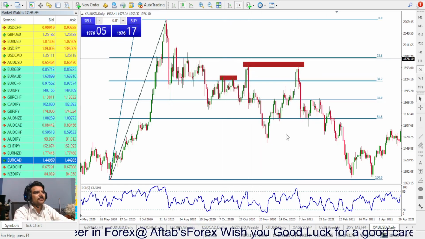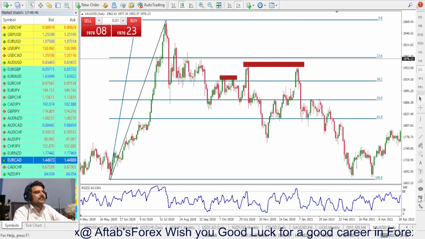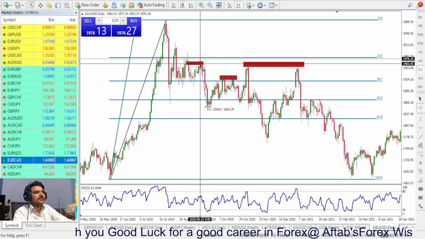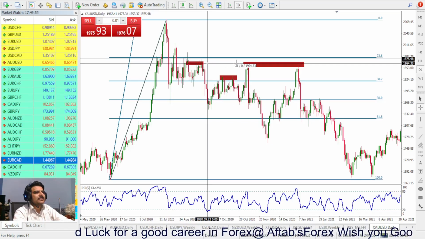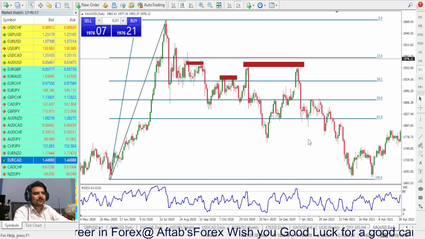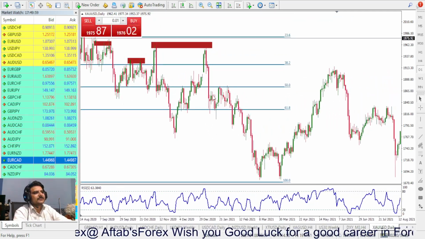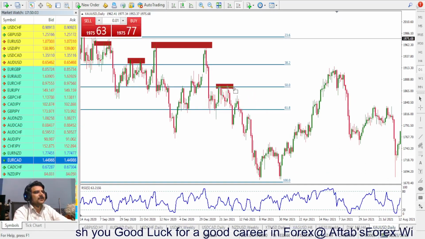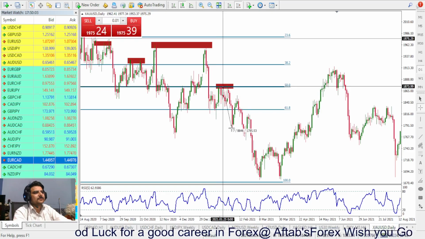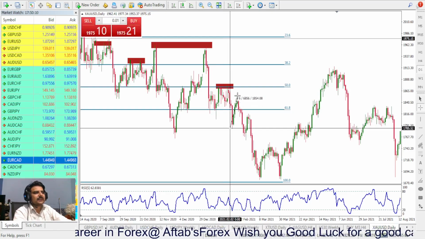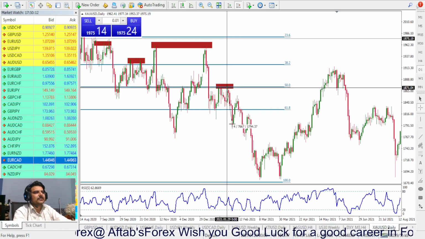This is a double top, and it gave profit as well, and this is also a double top, and it has also given profits. And the story continued, confirmed by another smaller double top, a break of 61.8, a correction, 61 of this impulsive wave.